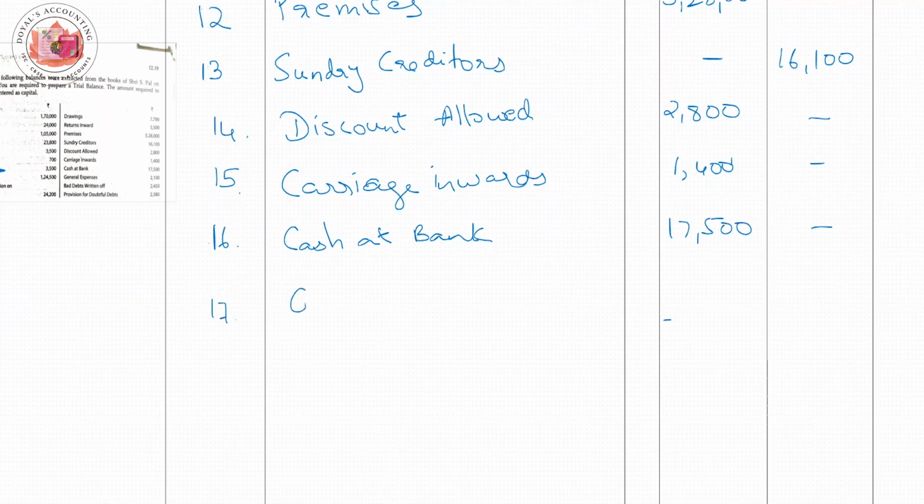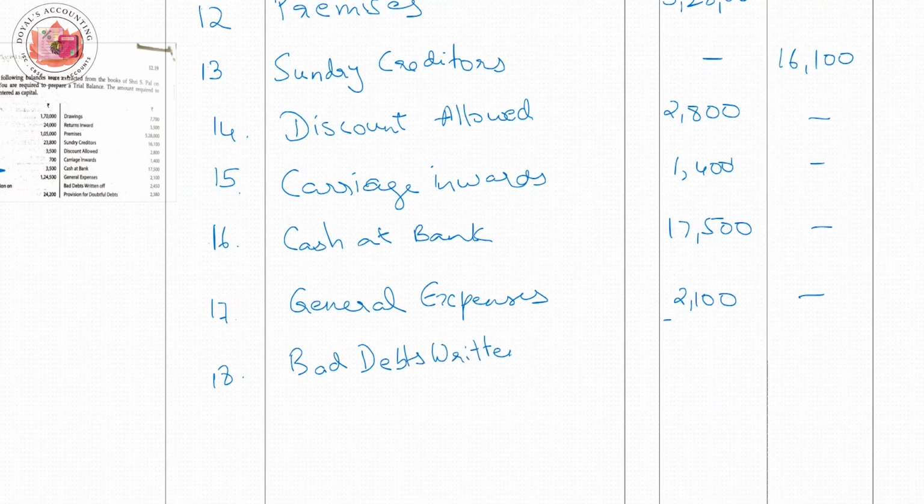Then next is general expenses. General expenses, any expense, always debit balance. Now number 18, bad debts written off. Bad debts written off is nothing but a loss for us. Losses have debit balance. So we will post it in the debit column, 2450. And then what is the last one?